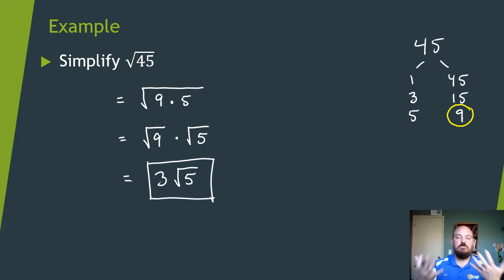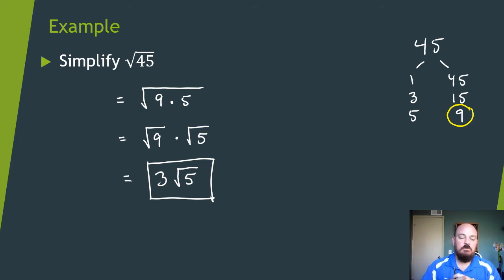So what you're doing when you're simplifying a radical is you're thinking of all its factor pairs. You're trying to find one that is a perfect square. If you do, you separate them. The square root of the perfect square turns into a whole number part, and what's left over is a more simple radical. Instead of the square root of 45, we just have the square root of 5.